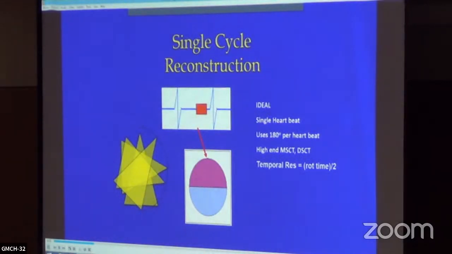Ideally, you want to have the entire acquisition done in a single cycle. That is, you acquire all your images in a single heartbeat, and this is possible only with a high-end multi-slice CT or a dual source CT.